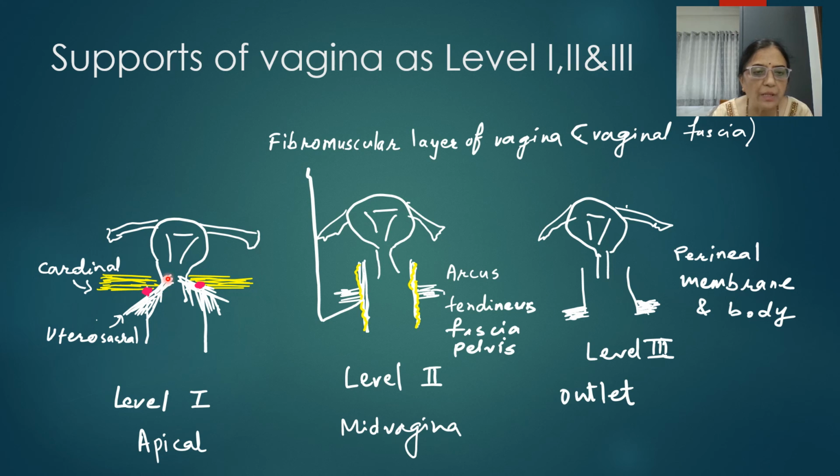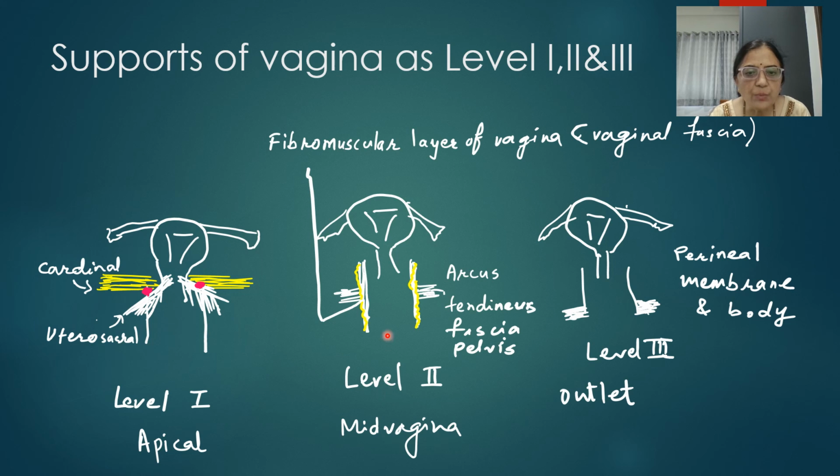We need to apply the clamp as near to the cervix as possible, because just lateral to it and at a lower level the ureters are passing. That is level 1 or apical support.